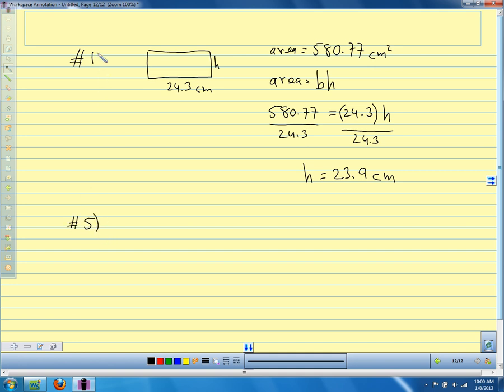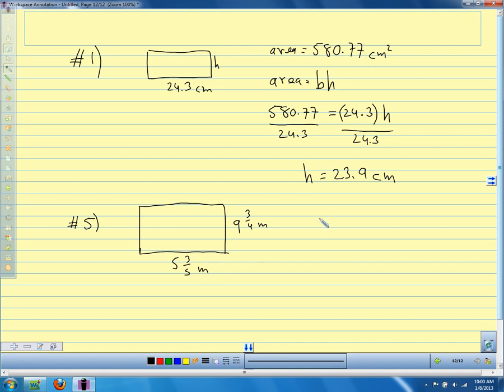Number 5 is not too bad. It actually doesn't involve algebra. It says the height of a rectangle, so there's my rectangle, is 9 3/4 meters. And the base is 5 3/5 meters.